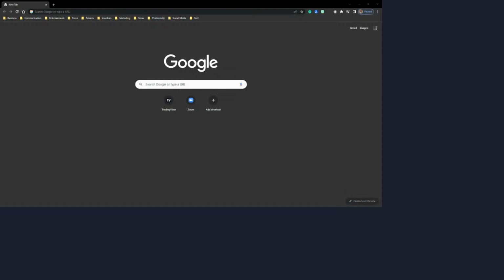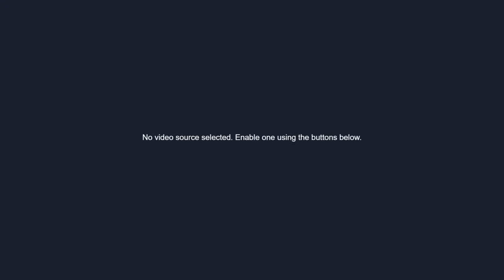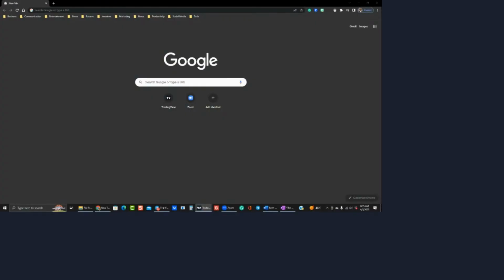Orlando, yours is not full screen, is that what you're saying? Stream setting. No source video, enable one to use the buttons. All right, can you guys see the Google screen?